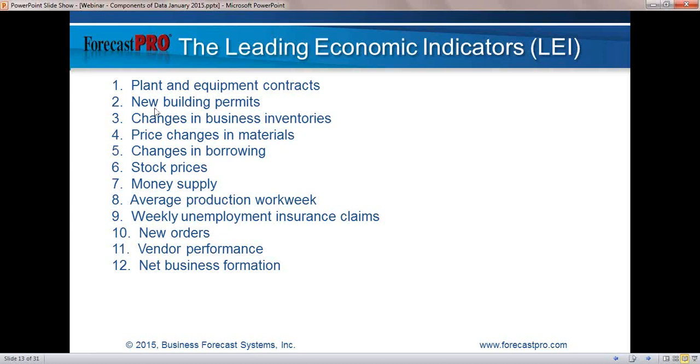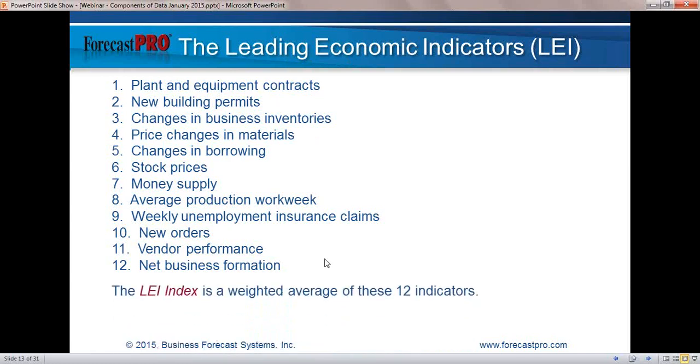If we see more building permits being issued, then we'd expect that improvements in the economy will follow. So these are what's called the leading economic indicators. And people watch these types of variables as a way of trying to determine where the economy is going.